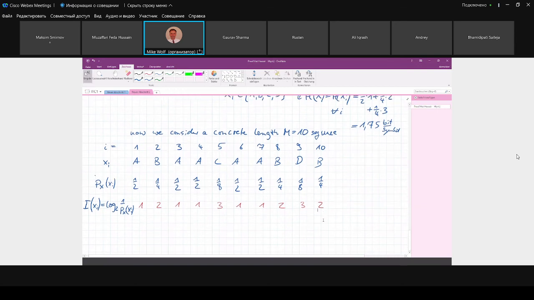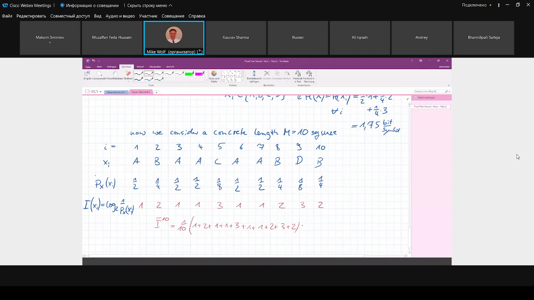Now if I calculate the mean information content for this concrete sequence, let's say I_10 is equal to 1/10 times (1 + 2 + 1 + 1 + 3 + 1 + 1 + 2 + 3 + 2), divided by 10, the arithmetic mean.